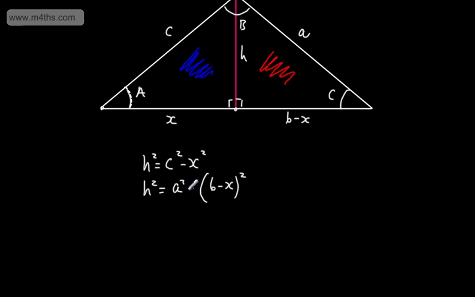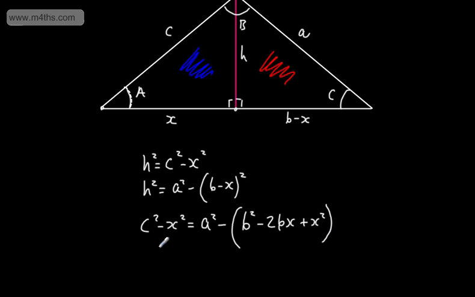If H squared is equal to C squared minus X squared, and H squared is equal to A squared minus the quantity B minus X all squared, we can say that C squared minus X squared will be equal to A squared minus the quantity B minus X all squared. And if we expand that out, that will give us B squared minus 2bx, and then we'll have plus x squared.